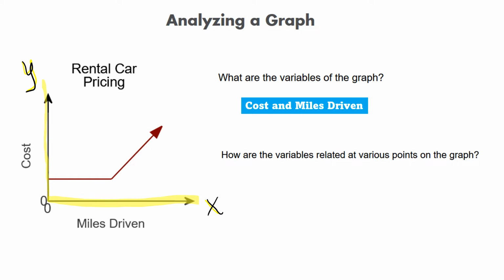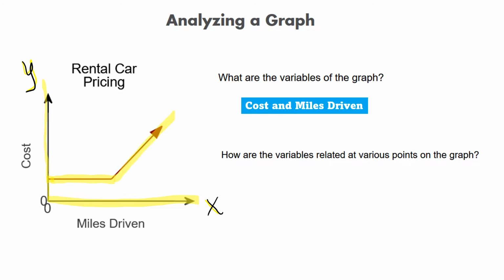If you notice over here, the graph kind of plateaus, right? Just kind of hangs out for a while. Right here, it's a little flat line, but it's above the zero. So that tells you that there's a cost for the rental car that's like a flat rate up until it starts to increase right here.